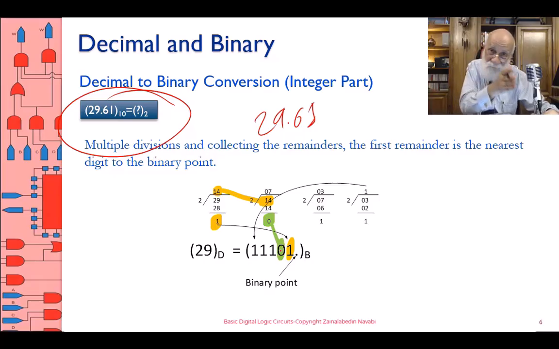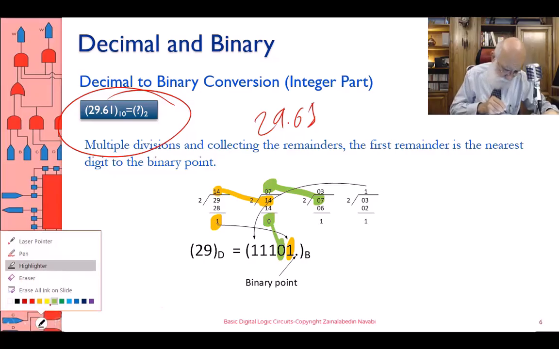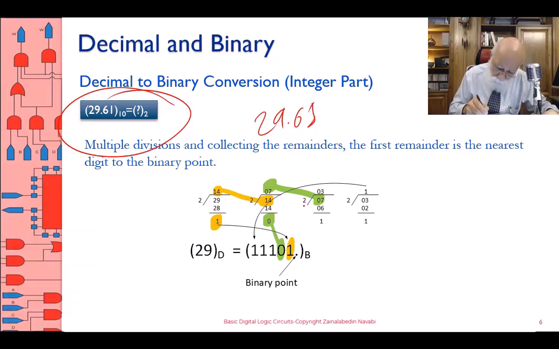Now this is one step further. And then I take 7 divided by 2 again, I come up with 3, and the remainder is 1.